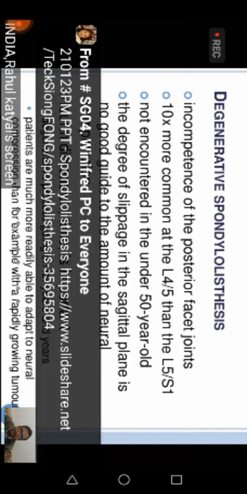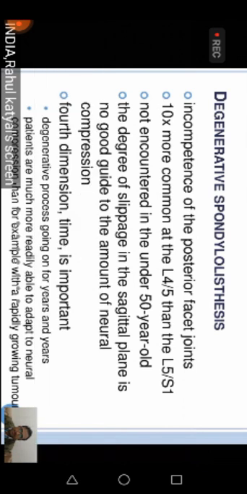So we are more concerned with the degenerative part. In this, the most common shift is L4 over L5, the forward movement of L4 over L5, right? And this can occur at any age.